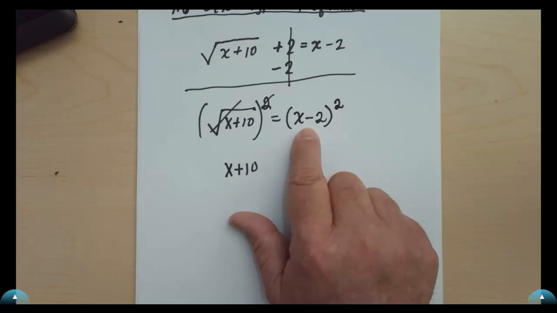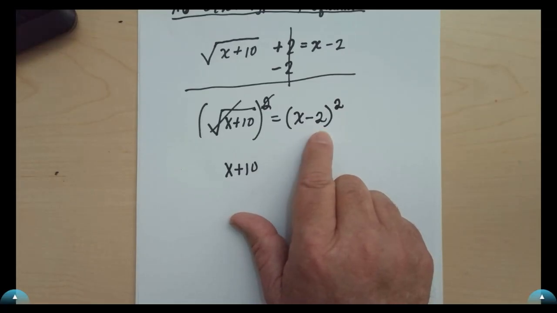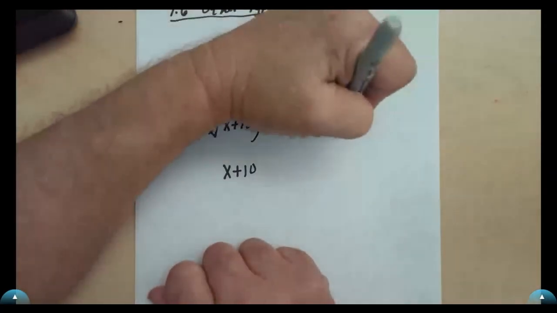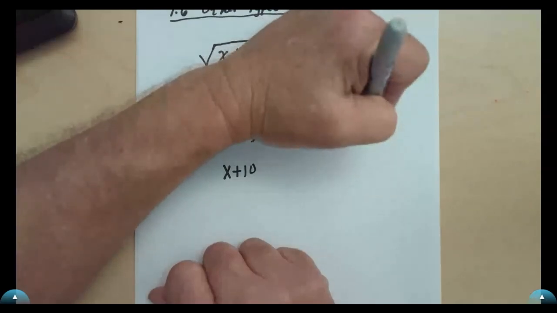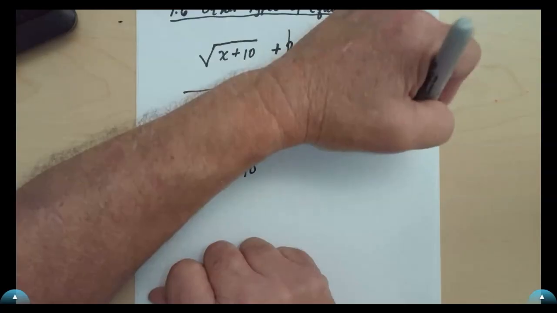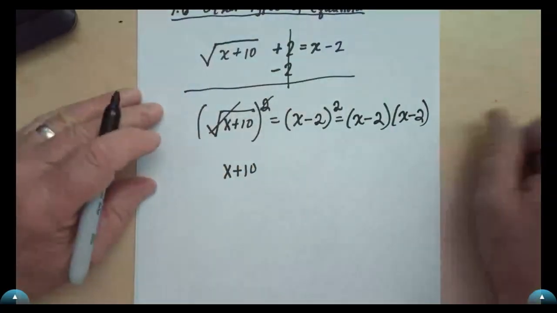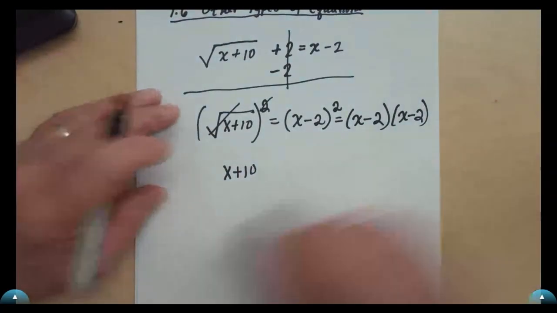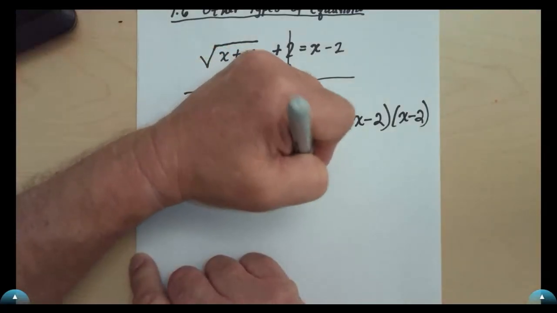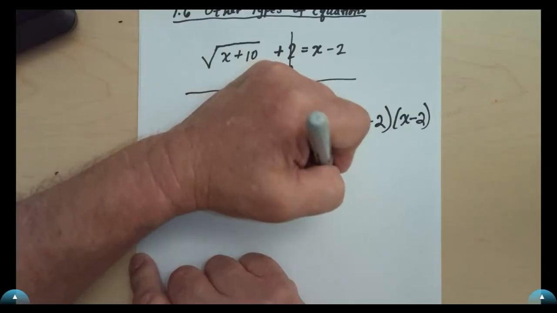A lot of students go, oh, that's going to be x squared minus 4. Or maybe they say it's going to be x squared plus 4. It's neither. x minus 2 in parentheses squared literally means x minus 2 times x minus 2. In other words, you have to distribute or FOIL that thing with itself. And when we do, we're actually going to get x squared minus 4x plus 4.